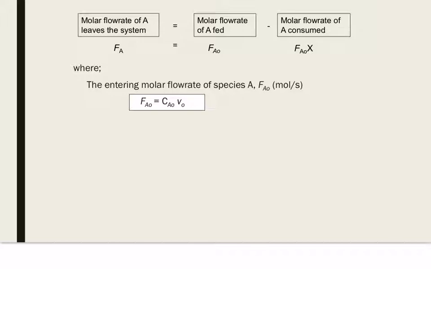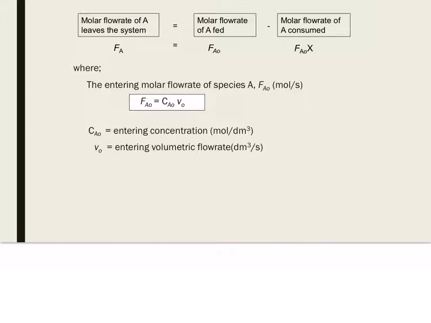And we calculate FA naught from CA naught and V naught. CA naught is the entering concentration of reactant A. The unit will be moles per unit of volume: mole per decimeter cube, mole per meter cube, mole per liter.